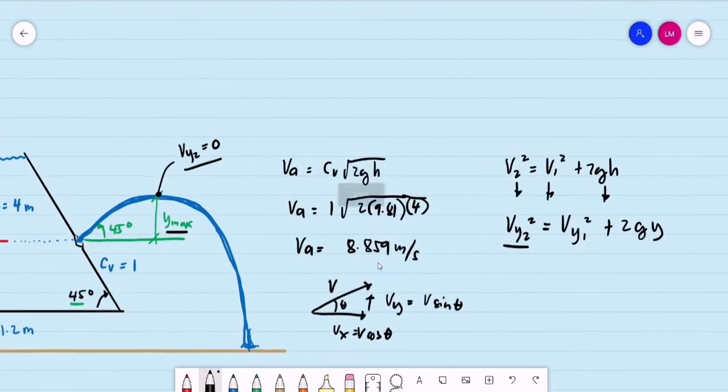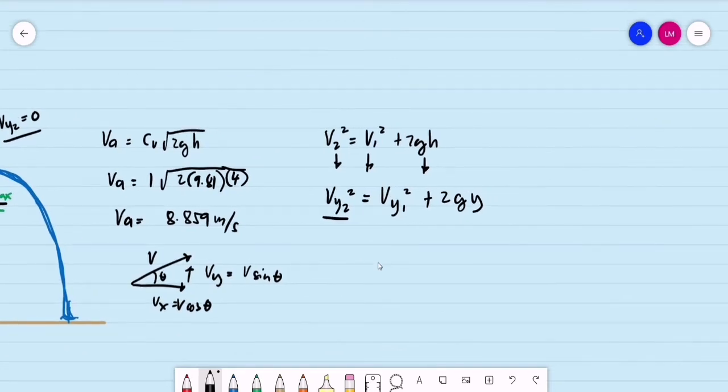Kapag projectile. So this will be 0. So mag-substitute na tayo. That will be 0 equal to Vy1. Ano yung vertical component ng velocity? That is 8.859. Vertical component, gamit tayo ng sine. So, Vy is equal to V sine theta.